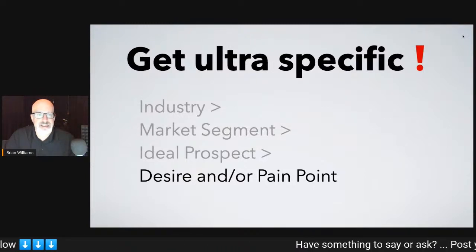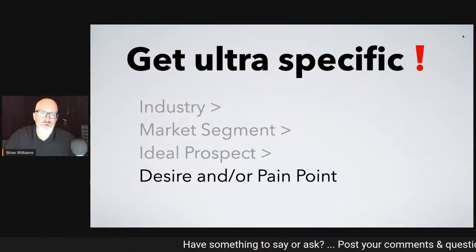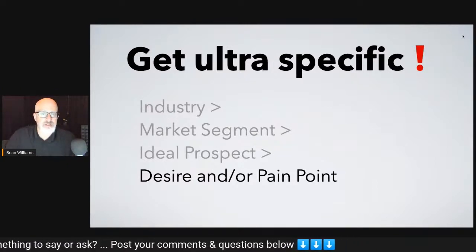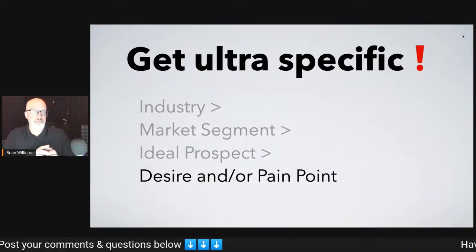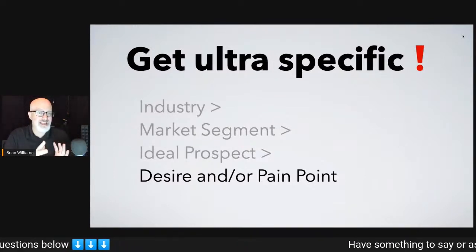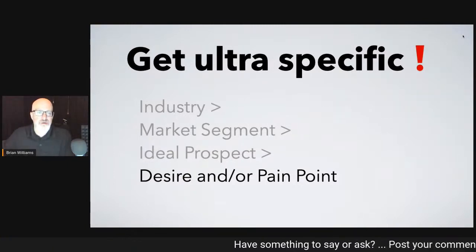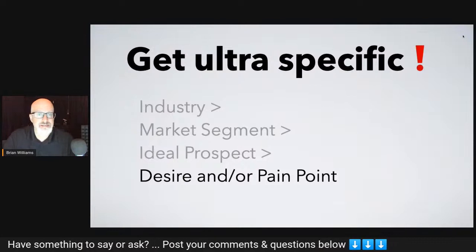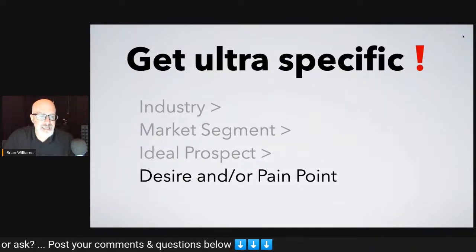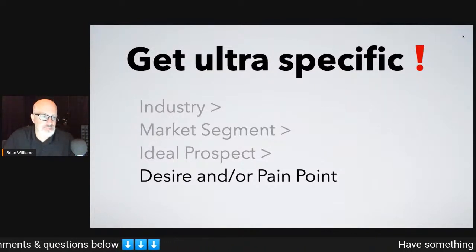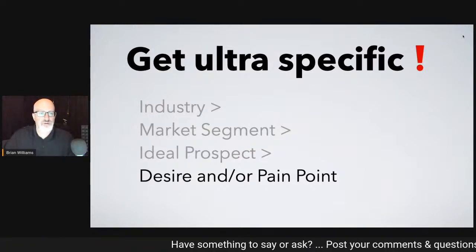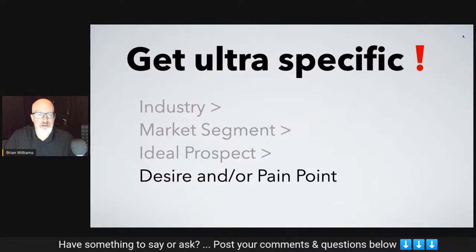Or what is it that they would rather not be doing that you can come in and do for them and do it even better than them? If you can pick both what they desire most and marry that with what they're frustrated with most, or what they worry about most, or what their pain point is most, you've got a winning formula. And that's what we attempt to do to start the process of creating our perfect market to message match.